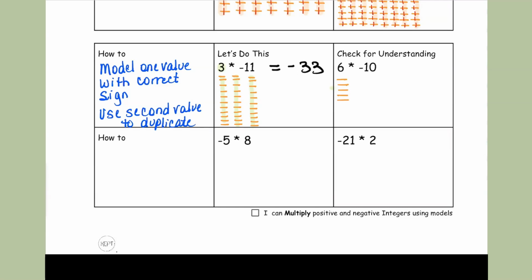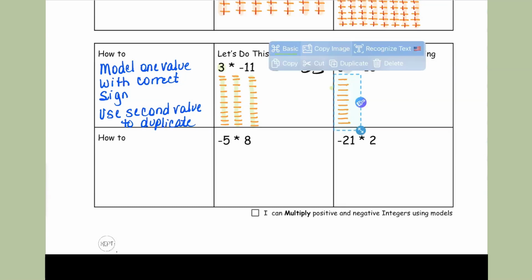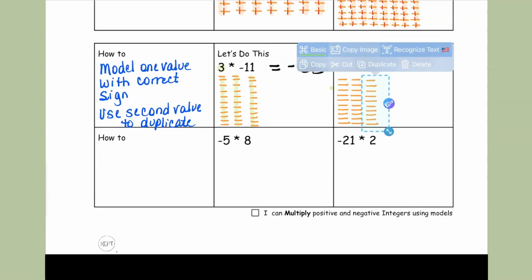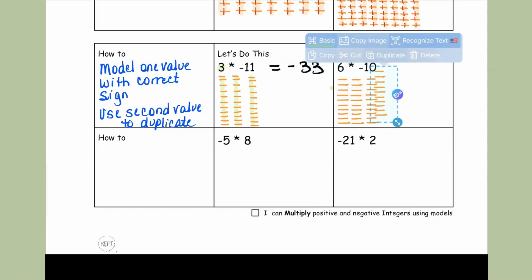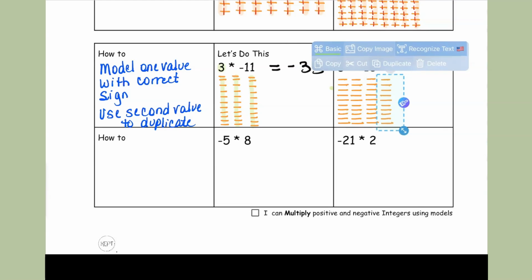All right, welcome back. Here again, I'm doing this problem where I'm drawing the 10 negatives first, and then I'm going to duplicate that 10 how many times? 6 times. Yes, hopefully you got that. So I take that -10 and I just duplicate that 6 times.